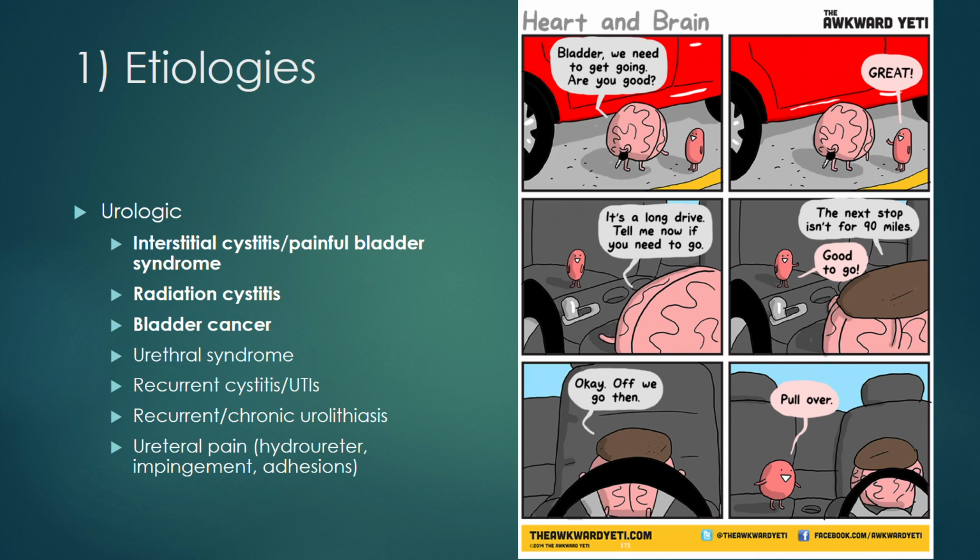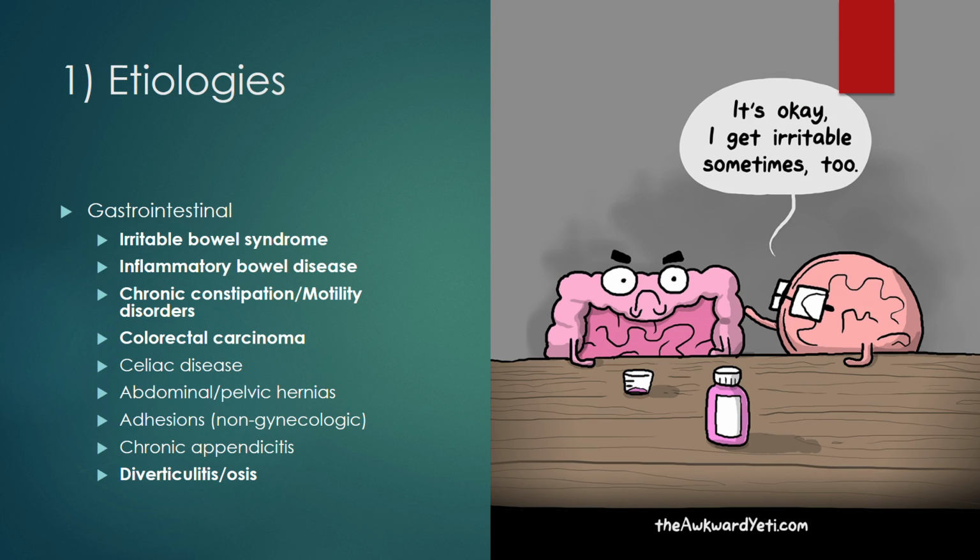Again, all of these are perfectly reasonable things to have on your differential, but we're just going to hone in on the ones in bold. For GI causes: irritable bowel syndrome, inflammatory bowel disease, constipation or other motility disorders, colorectal carcinoma, obviously not as common but something that we don't want to miss, and then diverticulitis and diverticulosis.